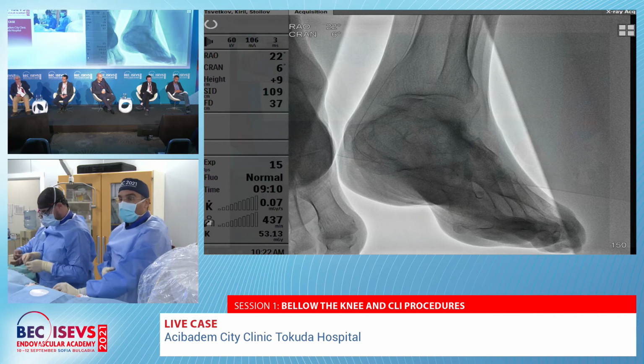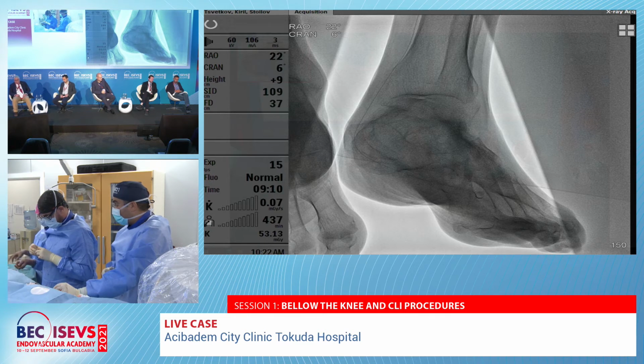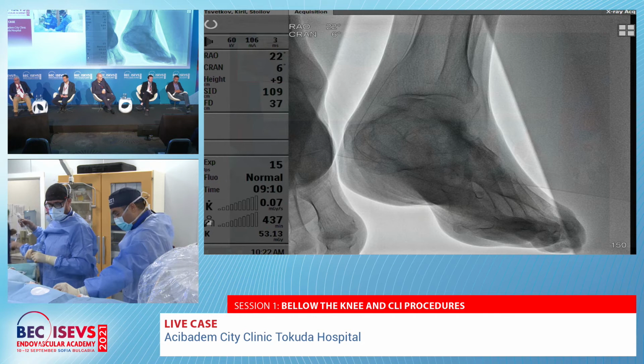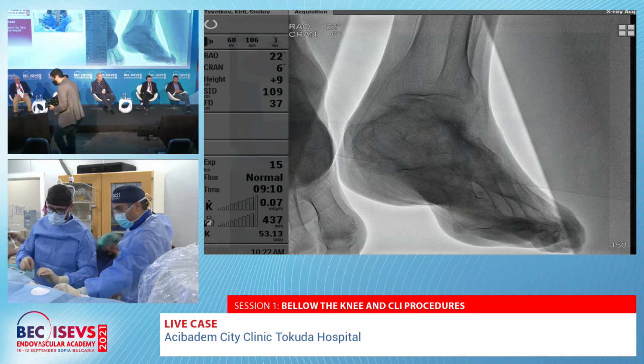So I think we need at least one good patent vessel up to the forefoot. And due to the fact that the wound is on the inner part of the foot, I think we need more blood at that level just to have also a healing there.